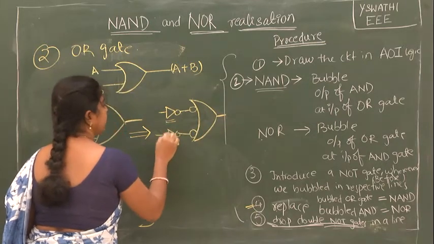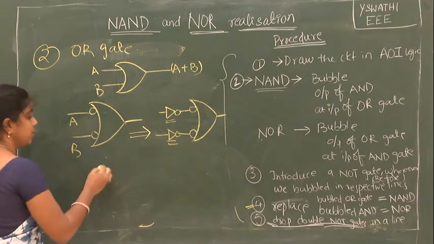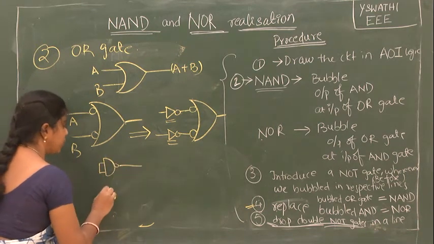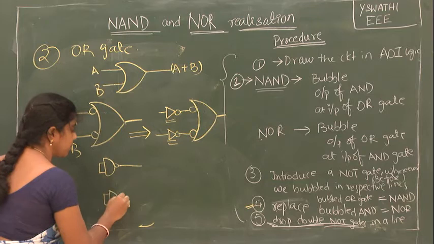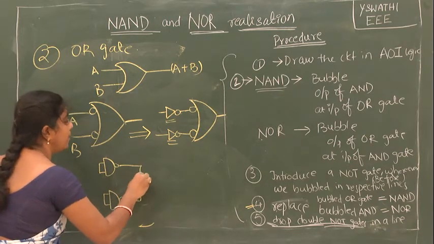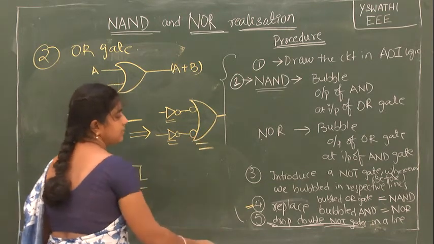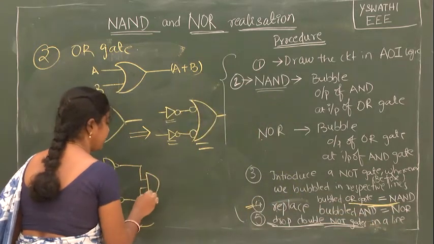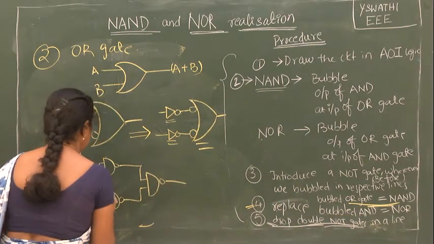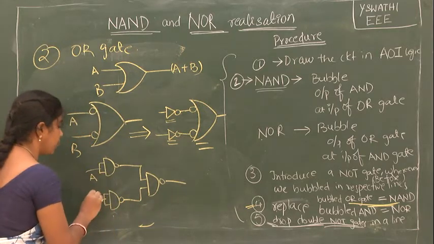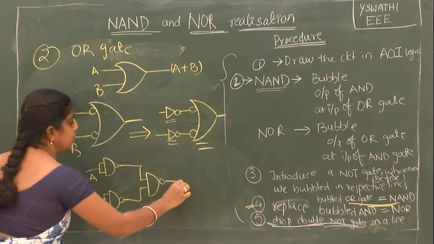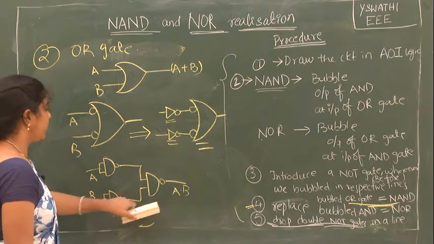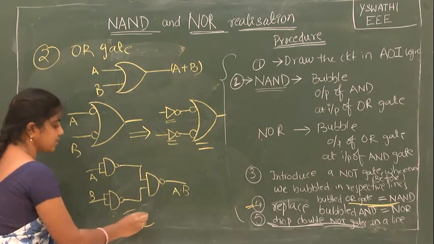So NOT gate in NAND realization is nothing but same input NAND gate, okay, and bubbled OR gate is nothing but a NAND gate. So here I can represent with a NAND gate. If the inputs are A, B, the output is A dot B. So we can represent a given OR gate with a NAND gate of 3 gates combination like this.